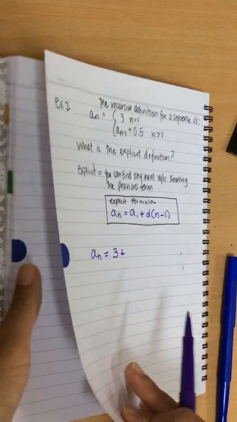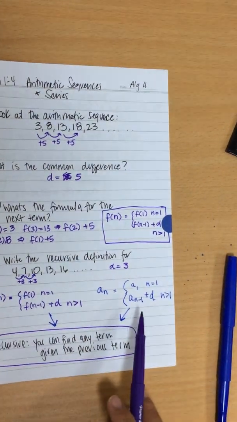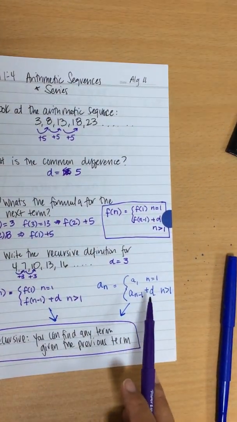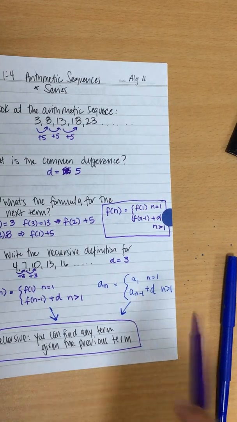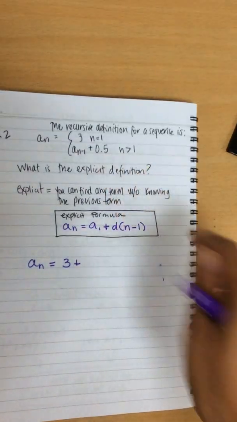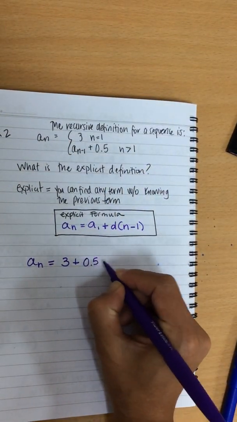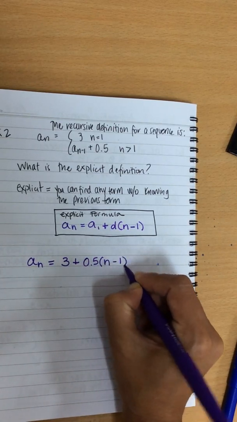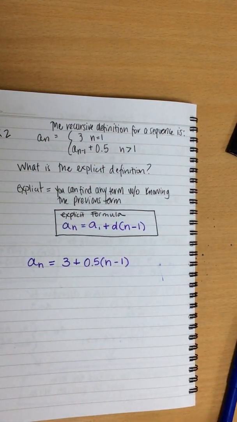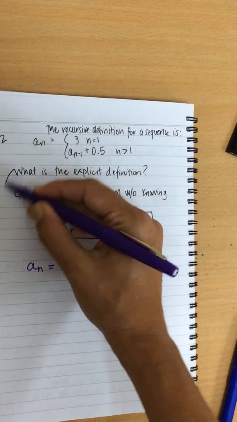If I come back and look at the recursive definition, I see that the common difference is the plus d on the bottom part of the piecewise function. So when I look at my example, my common difference is 0.5. So I'm going to plug in 0.5 times n minus 1, right? If this is the explicit definition right here, that's the answer.